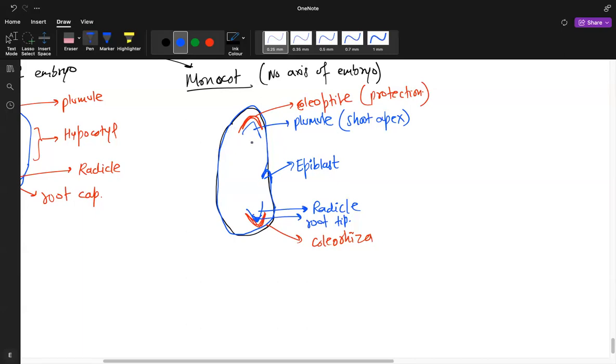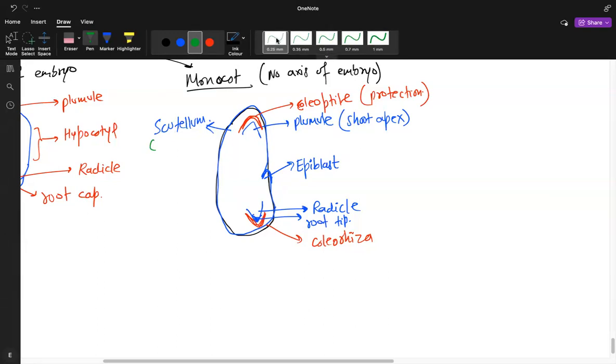Somewhere between the radicle and plumule, there will be a tissue called the scutellum. The scutellum is the name given to the single cotyledon, which is on the lateral side.